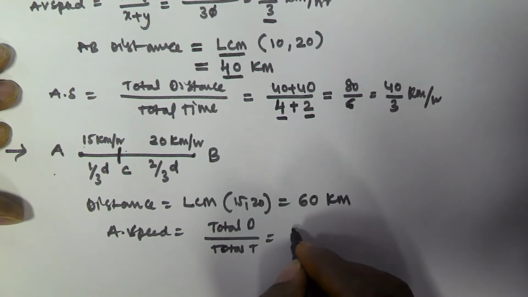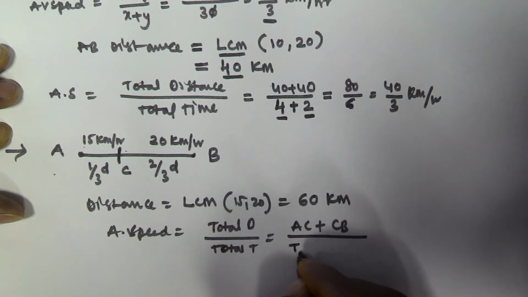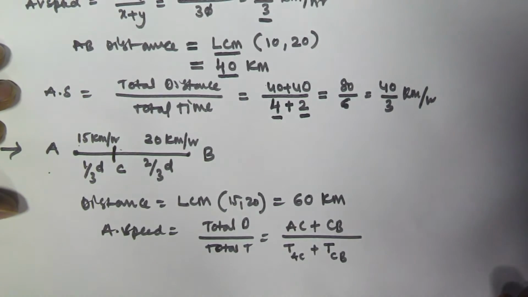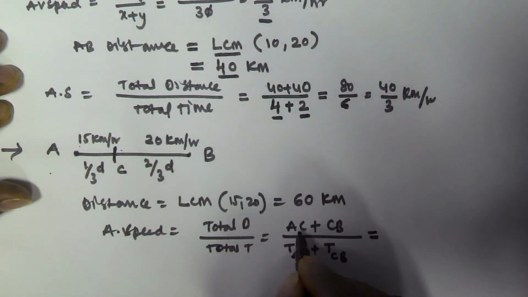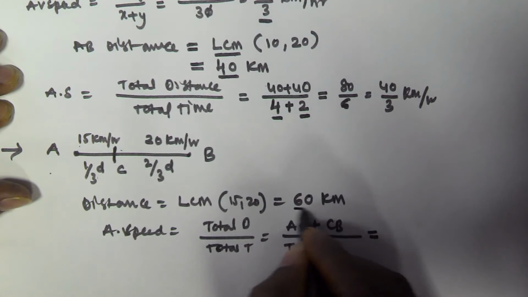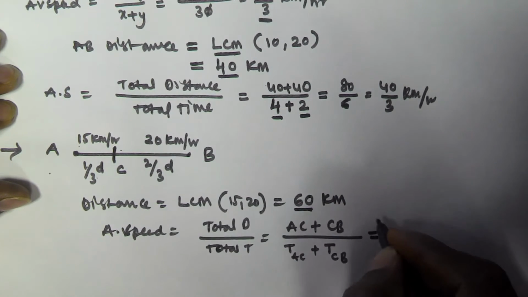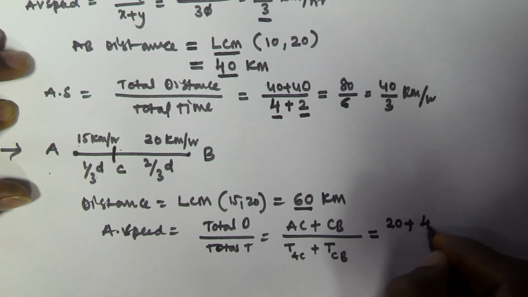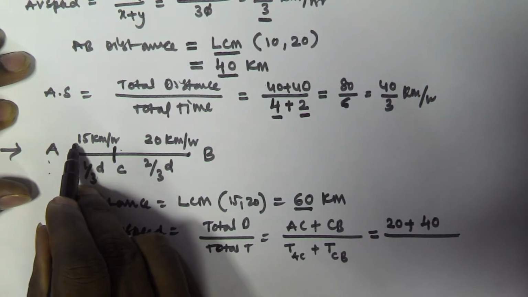The total distance is A to C plus C to B, divided by the time taken from A to C plus the time taken from C to B. The distance traveled from A to C is 1 by 3 of D. We already got D as 60 kilometers, so the distance from A to C is 1 by 3 of 60, that is 20 kilometers. And the remaining 2 by 3 is going to be 40 kilometers.